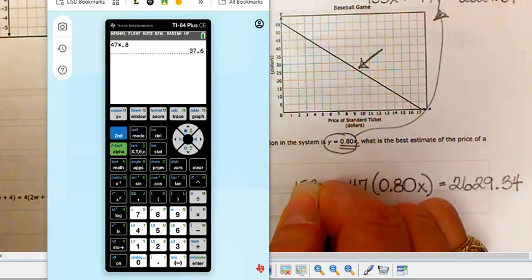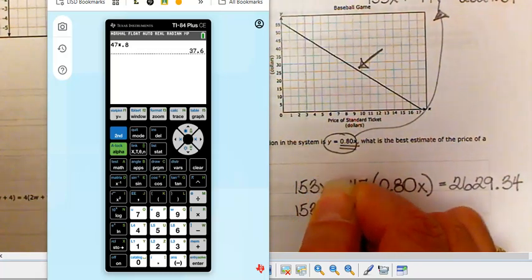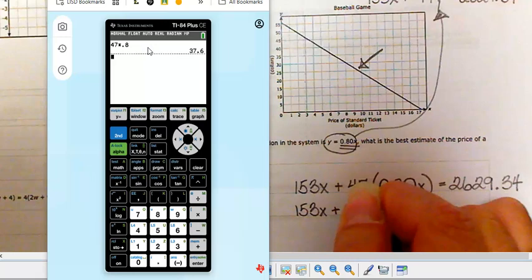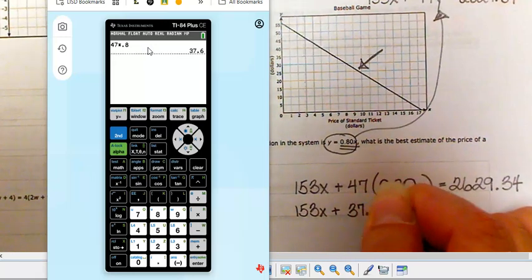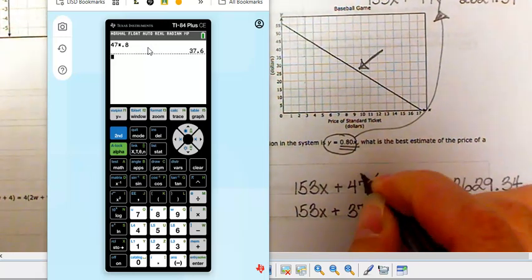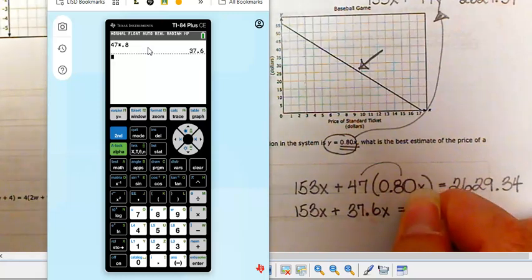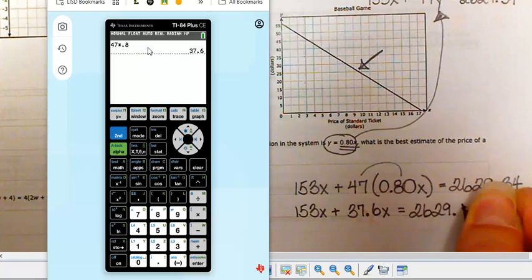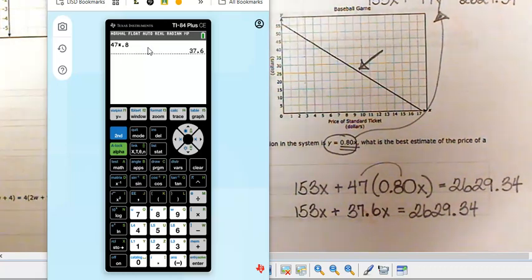All right, so I'm going to get 153x plus 47 times 0.8, which is 37.6x after I do this, equals $2,629.34.